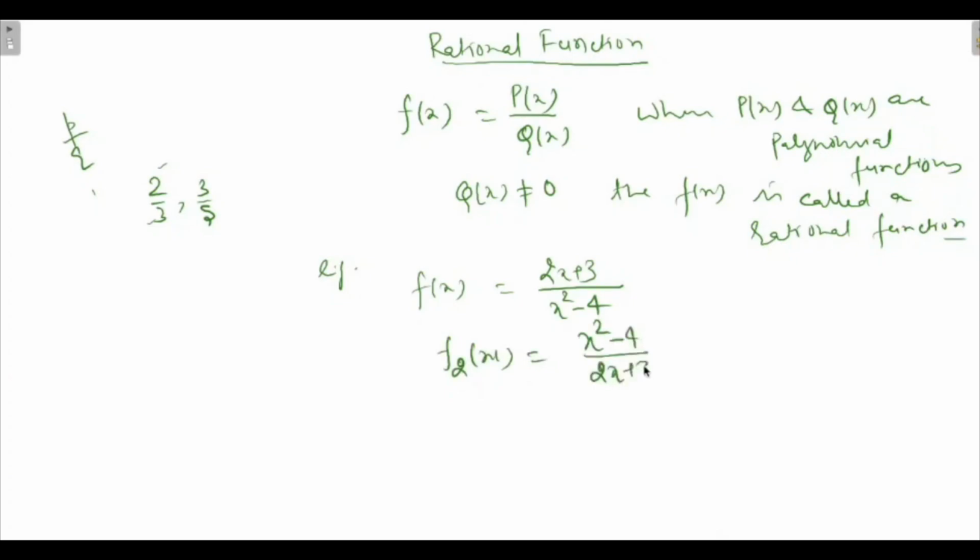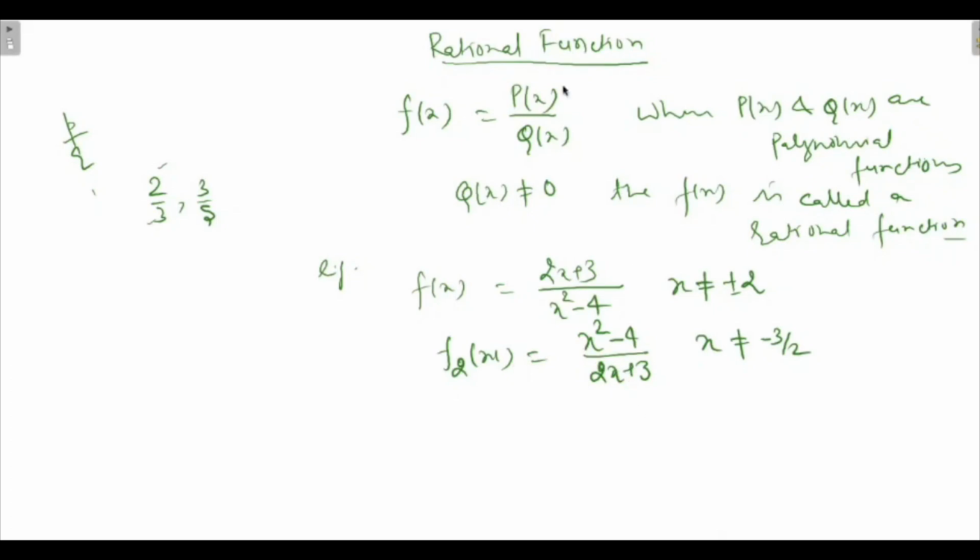This will also be a rational function because the numerator and denominator are both polynomial functions. Here the condition would be x should not be equal to ±2. Here the condition would be x should not be equal to −3/2, because in such cases the denominator will become 0, right?